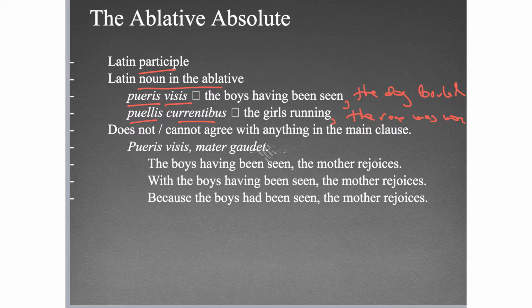Or because the boys had been seen, the mother rejoices. You can use these subordinate conjunctions: because, after, when, since, although, etc. Certainly something like although is going to need a specific context, but it is a possibility. So the Latin participle and Latin noun in the ablative can't be grammatically connected to the main clause.